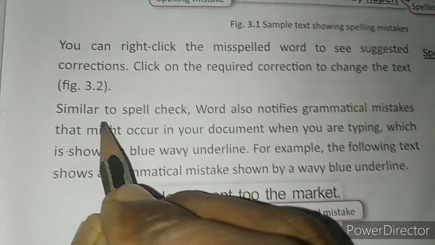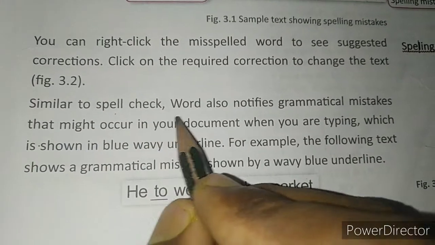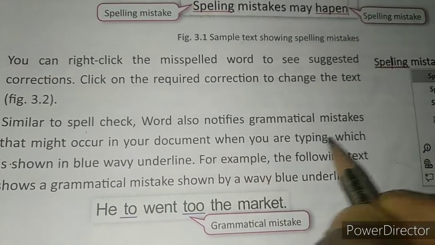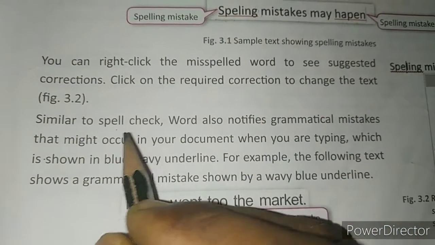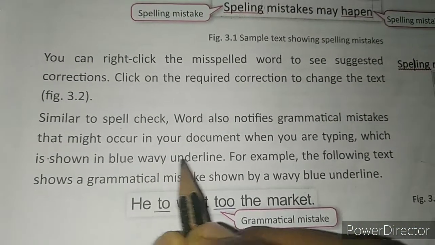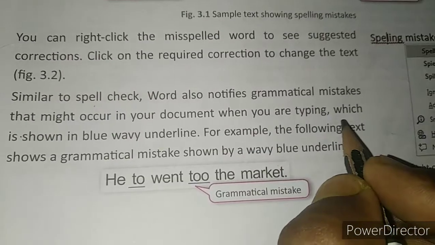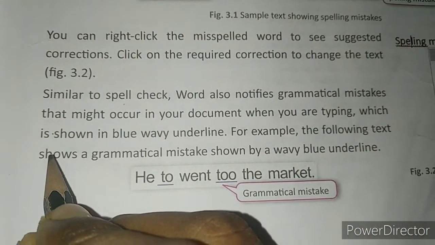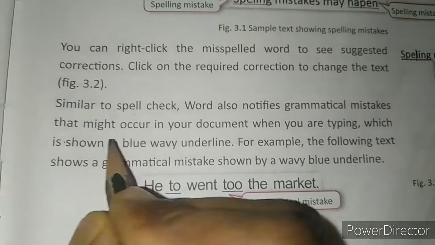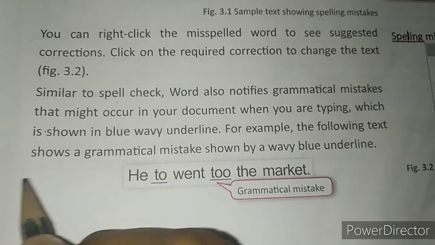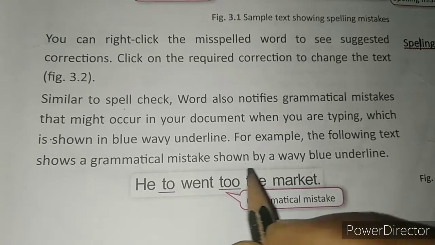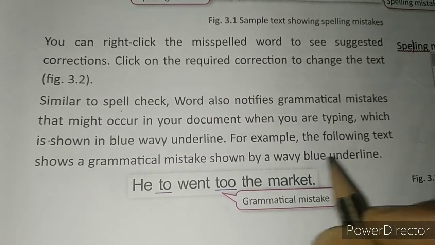Now, similar to a spell check, Word also notifies grammatical mistakes that might occur in your document when you are typing, which is shown in a blue wavy underline. For example, the following text shows a grammatical mistake shown by a wavy blue line.